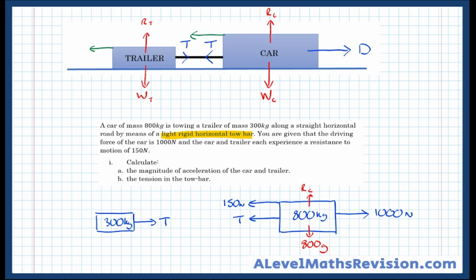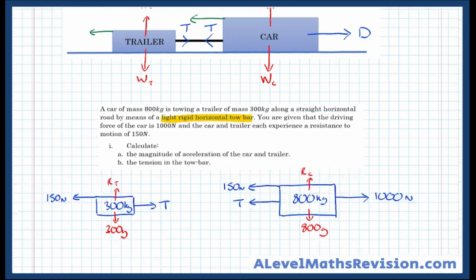It experiences a resistance to motion, as given in the question, of 150 newtons. So that's all of the forces, at least in the direction of motion for the trailer. If we make the diagram complete, we see that there's a weight of 300g, and then there's a reaction of the ground on the trailer, like that.